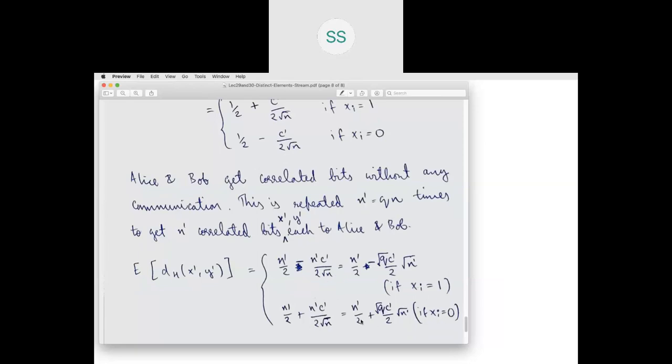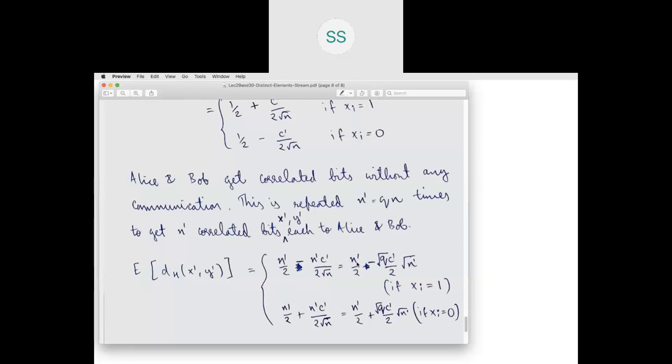And if xi equal to 0, then the expected Hamming distance is going to be this. Now I rewrite each one of them slightly differently, in terms of some constant times square root of n prime, because I wanted to make this look like the formulation for the gap Hamming problem, where we had n by 2 minus c times square root n.